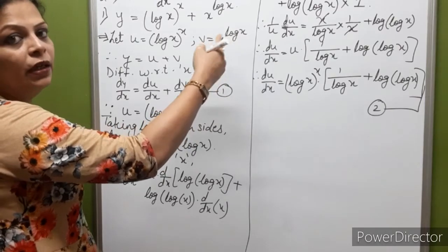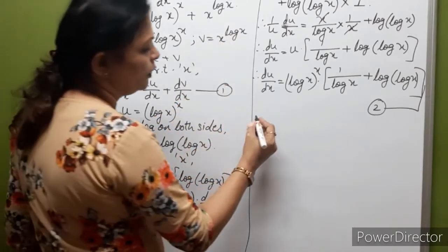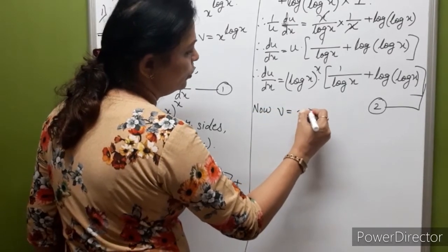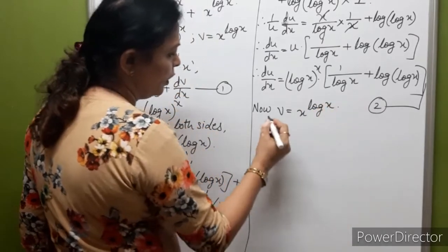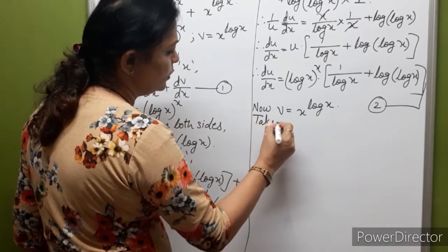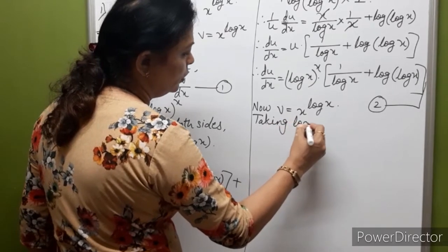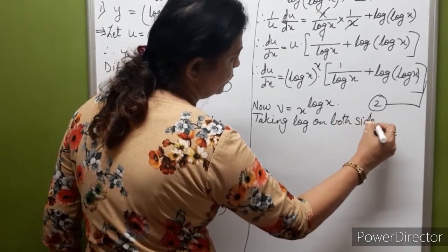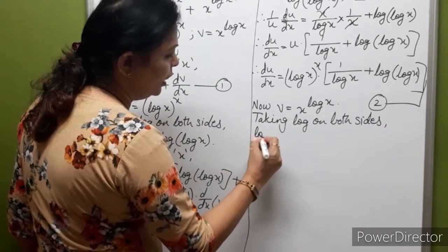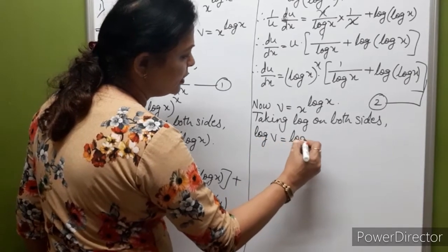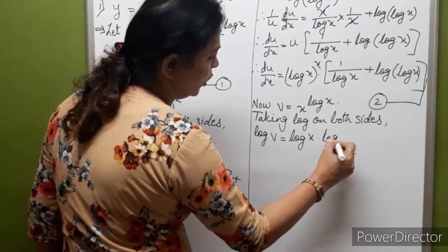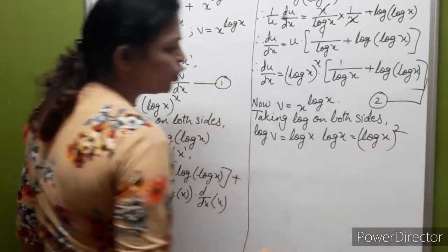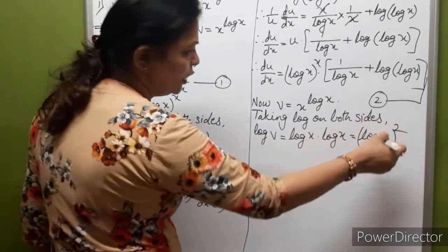Again you will have to take the log function. Now v is equal to x^(log x). So taking log on both sides, log v is equal to log x into log x. Now log x into log x will be (log x) whole squared. So this will be easy to differentiate.